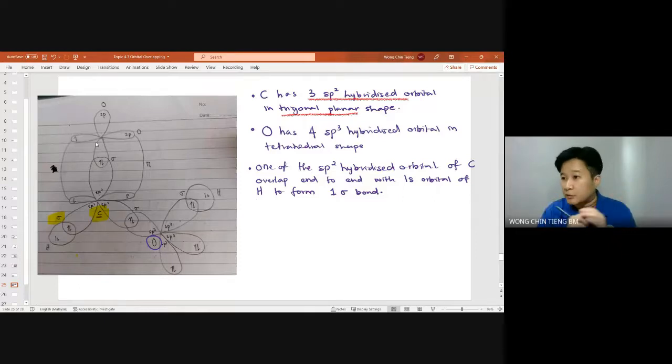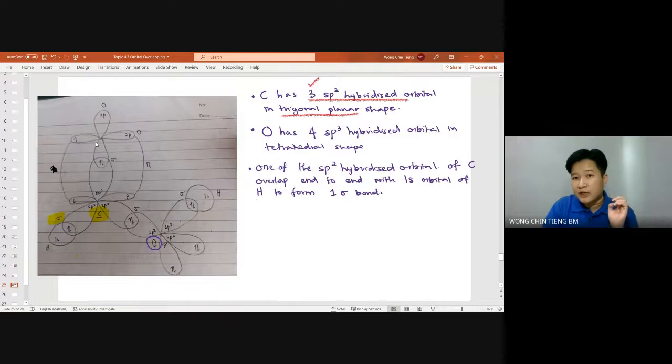Dua tu je kita perlu. Dan bila Miss Wong kata 3 sp2 hybridized orbital ataupun 4 sp3 hybridized orbital adalah bilangan lobe ini. 3 kan? So 3 lah. 4 sp3, 4 lah. Itu sahaja.